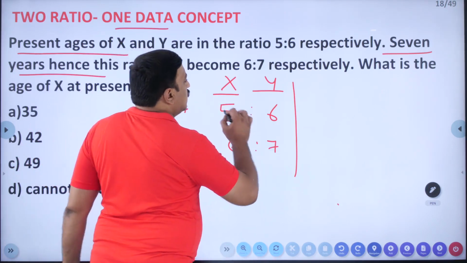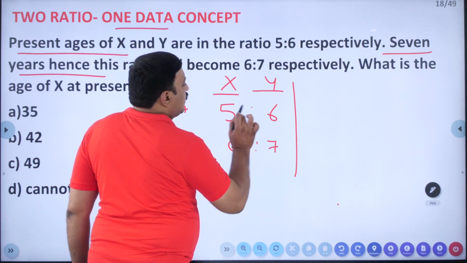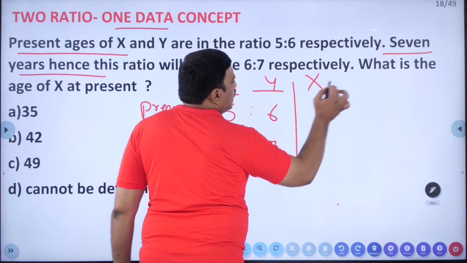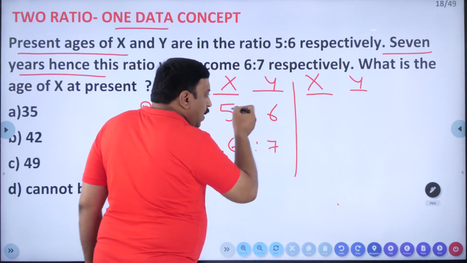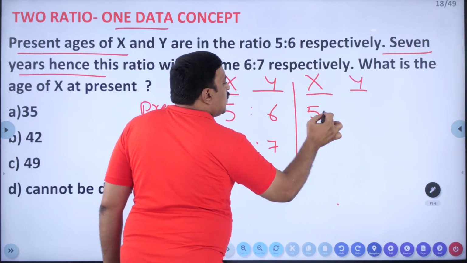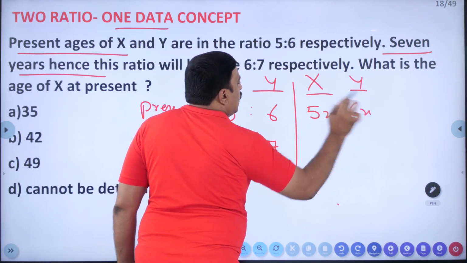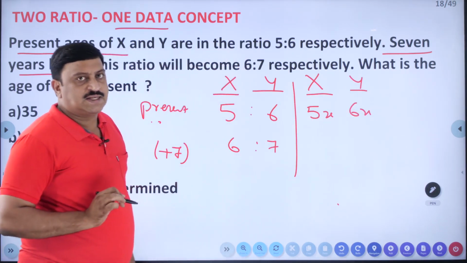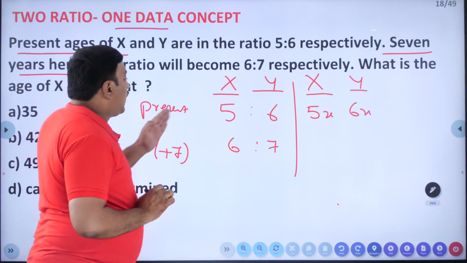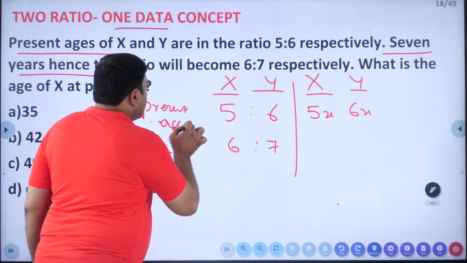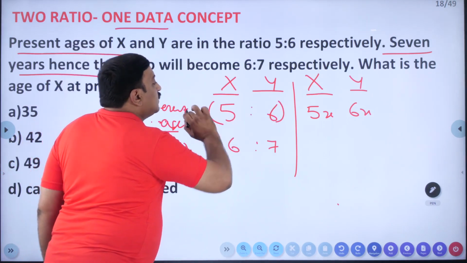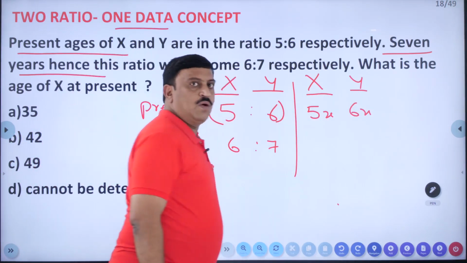How to do that? See, if this is 5 and 6, definitely X and Y come out of the ratio. We multiply with a common factor, so 5x and 6x. These are the present ages. It is a ratio, fine, but these are ages.